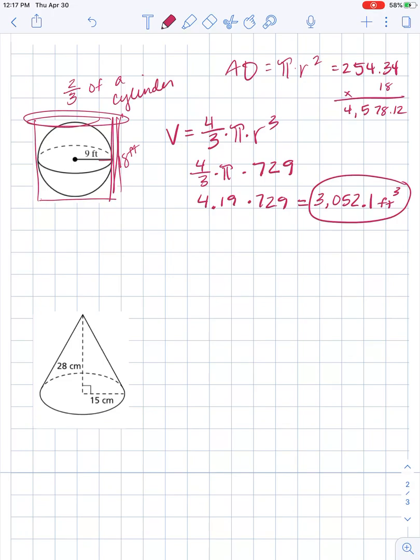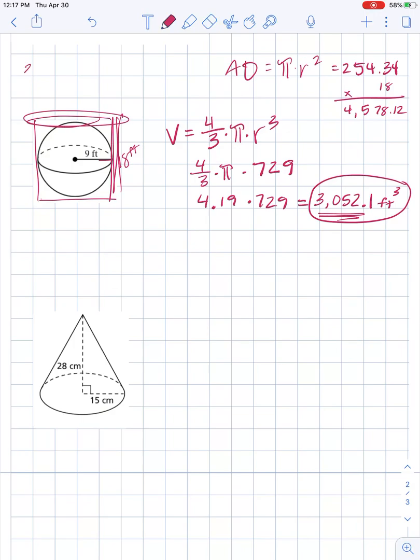Now, if we find 2/3 of that, if we multiply that by 0.666666, we get 3,052. Check it out. So it's a cool rule of thumb to just check your work. The volume of a sphere should be 2/3 the volume of a cylinder that sphere fits in perfectly. But if that feels like too much to think about, that's also okay.